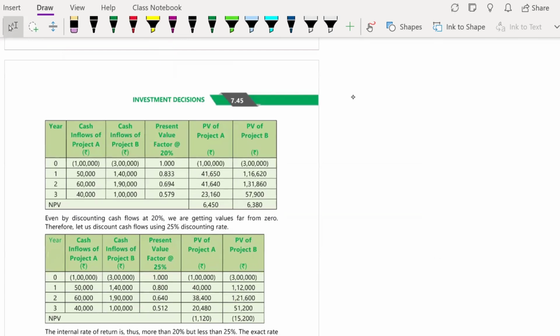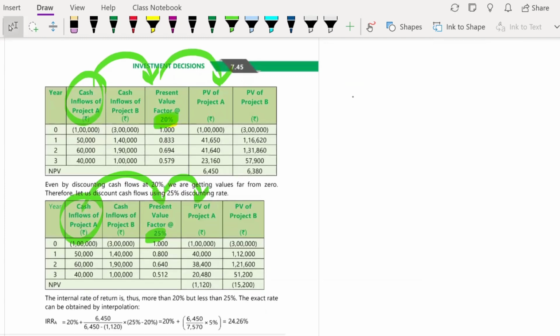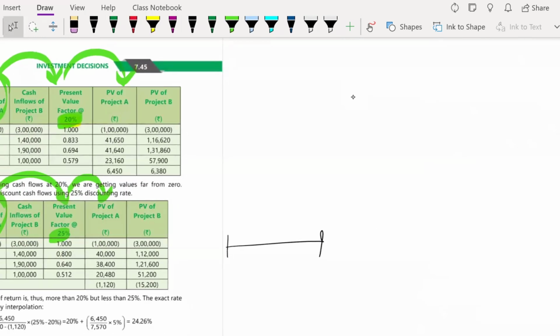First, here they have taken a 20% and 25% gap. They have taken one rate as 20% and another rate as 25%. Cash inflows of project A are first discounted at 20%, then again at 25%.